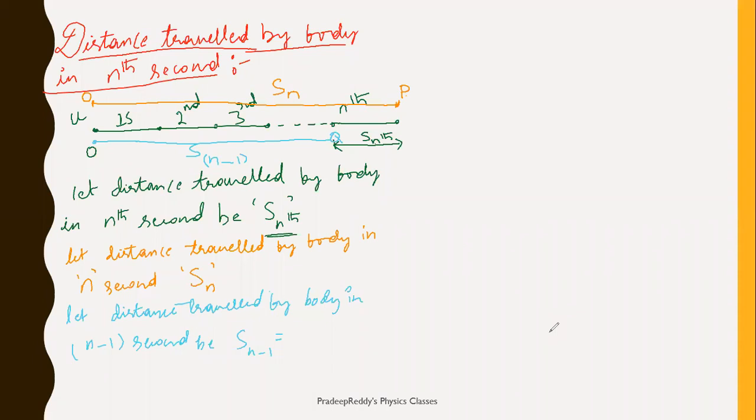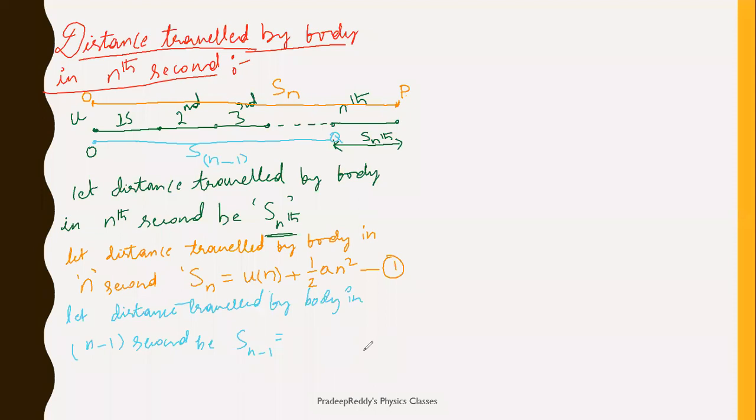From the second equation of motion, you can write Sn as the distance traveled by the body in n seconds. So Sn is equal to U, and what is the time taken here? Time taken is n. So Sn = un + half a n square. Take this as equation number 1.